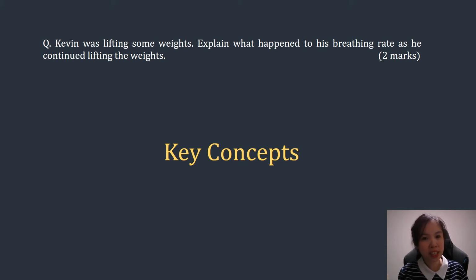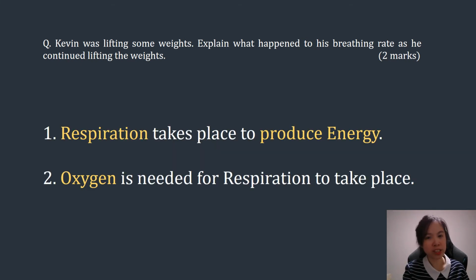Let me explain the key concepts they are hoping to see you demonstrate in the answer. These are 2 key concepts you learn in human respiratory system. Respiration takes place to produce energy, and oxygen is needed for respiration to take place. These 2 key concepts make up 2 full points, which gives you 2 full marks.